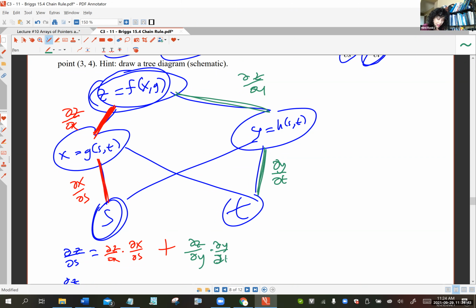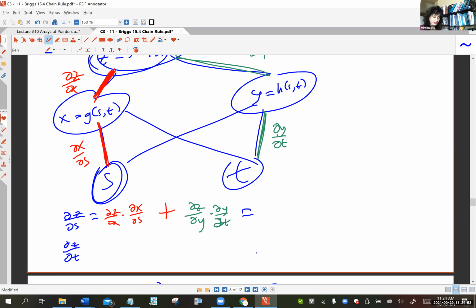But because x and y and z all have nicknames or different names, we're going to rewrite this formula with the nicknames they get, the different notation. z, his name is f, so you could in a sense be thinking, okay, they wanted df/ds, but I'll leave that as dz/ds because they did.